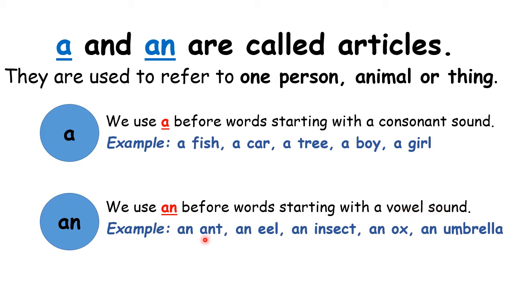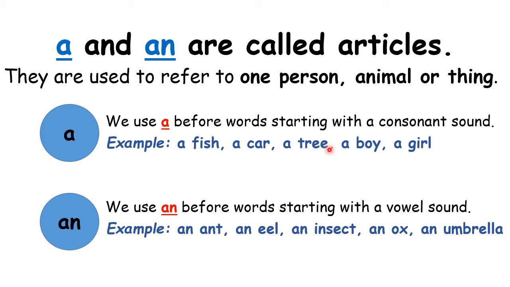So we see here in the example, an ant, because it starts with a vowel, A, E, I, O, U. So that means all the other letters are consonants.